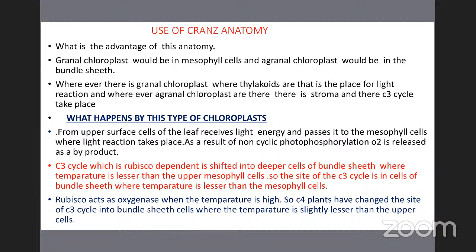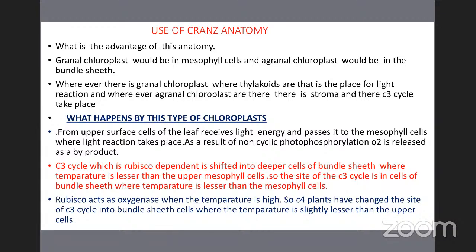Here, in C4 plants, the C3 cycle is shifted into the deeper layer cells of the bundle sheath, where temperature is less and oxygen concentration is also less than in the upper mesophyll cells.